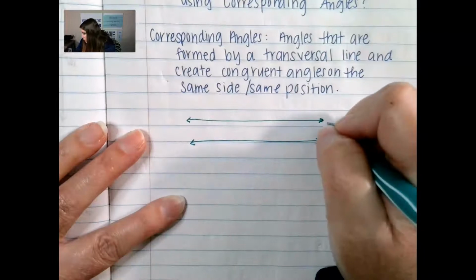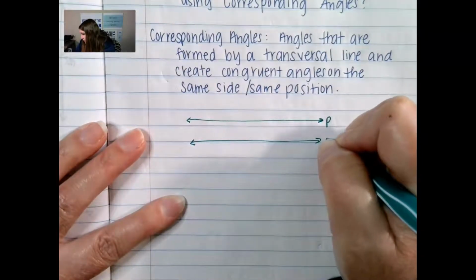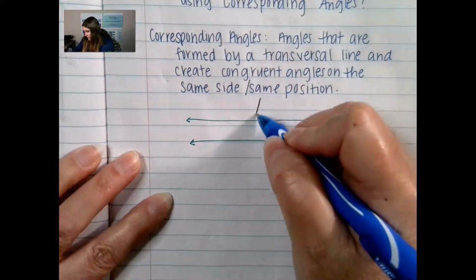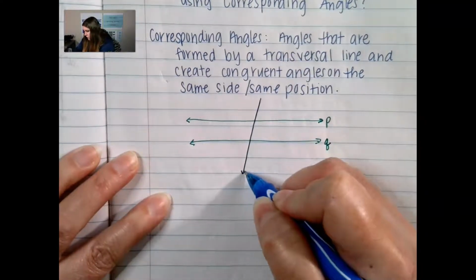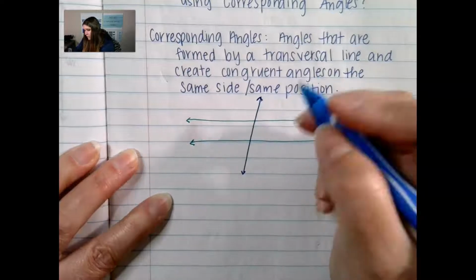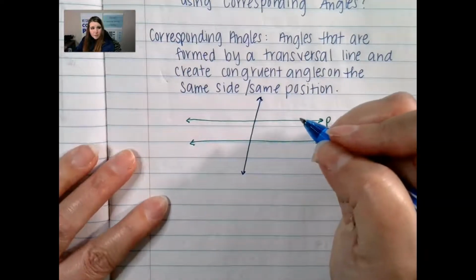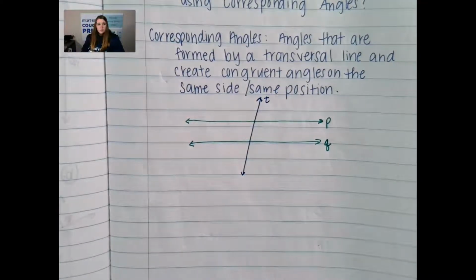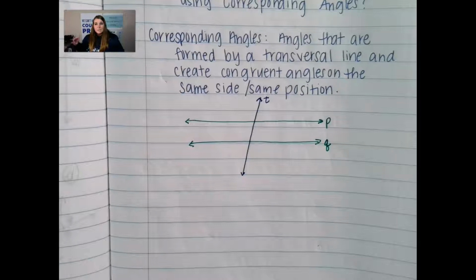And let's call this one P and this one Q. And let's cut it by a transversal line. Our transversal line is T. There's our transversal. All right, so let's talk about the corresponding angles, the ones that go together. They correspond with one another.